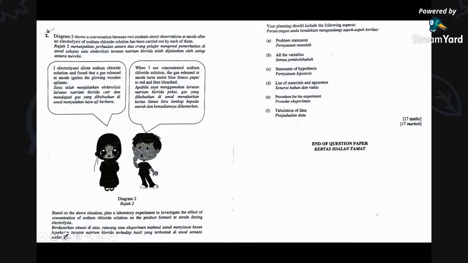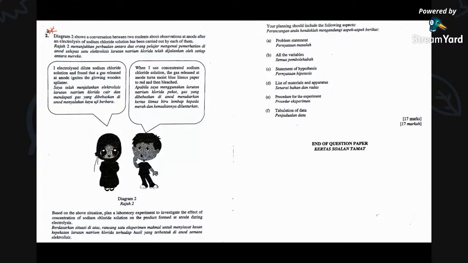Okay, it's important. Okay, so diagram 2 shows a conversation between two students about observation at the anode after electrolysis of sodium chloride solution has been carried out by each of them.